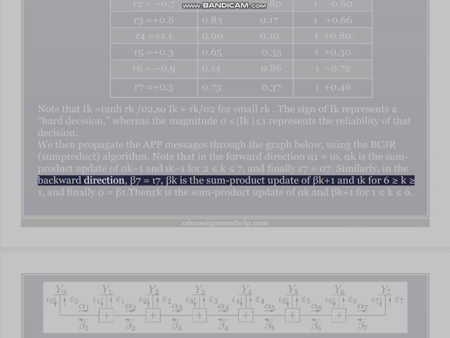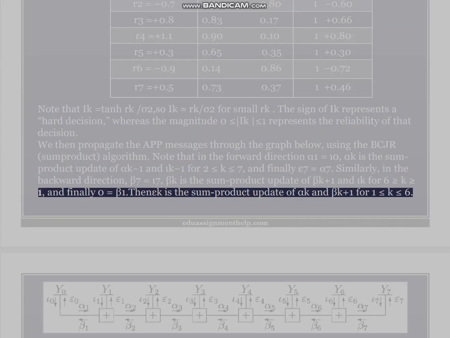Similarly, in the backward direction, β7 = ι7, βk is the sum-product update of βk+1 and ιk for 6 ≥ k ≥ 1, and finally ε0 = β1. εk is the sum-product update of αk and βk+1 for 1 ≤ k ≤ 6.